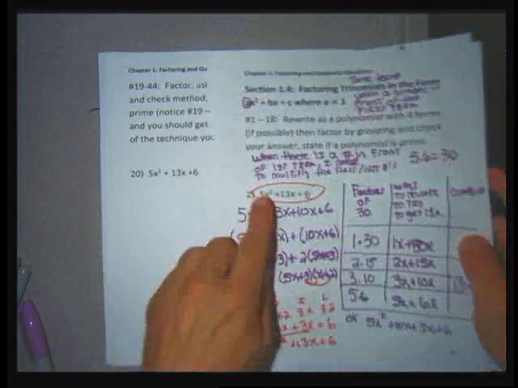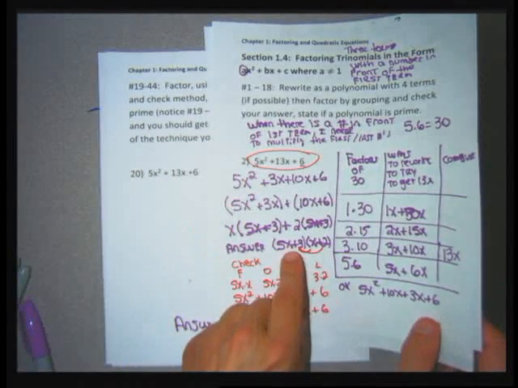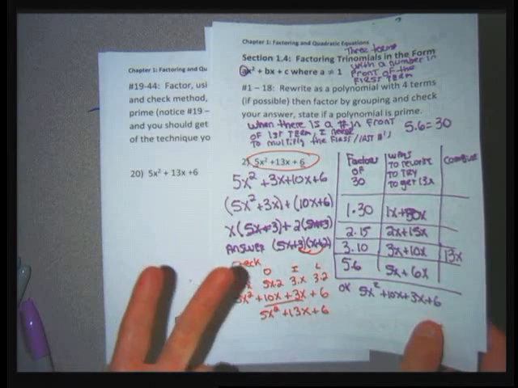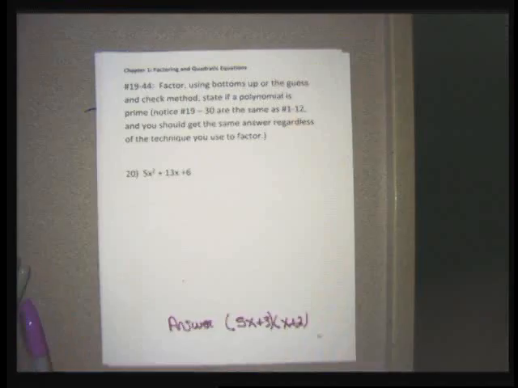If I'm factoring 5x squared plus 13x plus 6, I'm either going to get 5x plus 3 times x plus 2, or x plus 2 times 5x plus 3. There's no wiggle room for that. You have to get the same answer, and it'll check the same way.